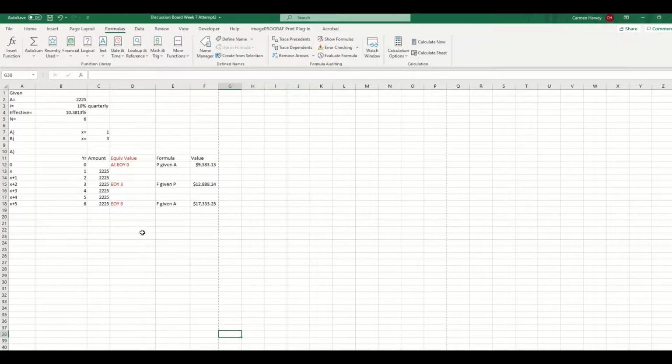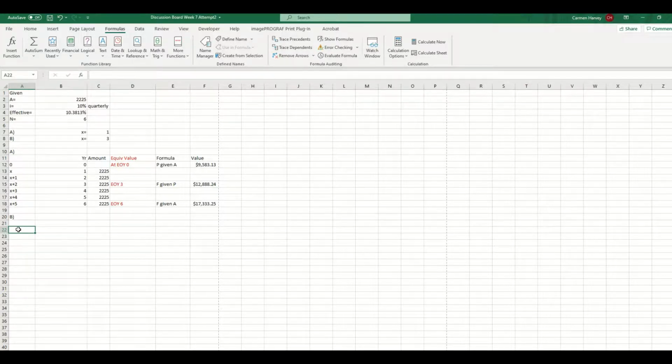Okay, so for the second half of this, for part B, we're going to have a very similar type thing, but it's going to be shifted.